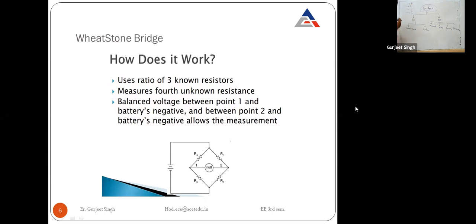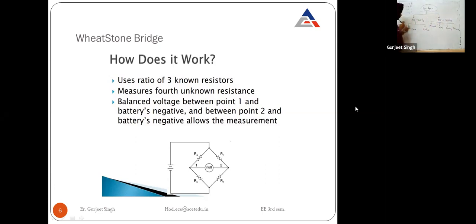So bridges are divided into two categories, DC bridge and AC bridge. DC bridges require a DC supply, and the other kind requires an AC supply.